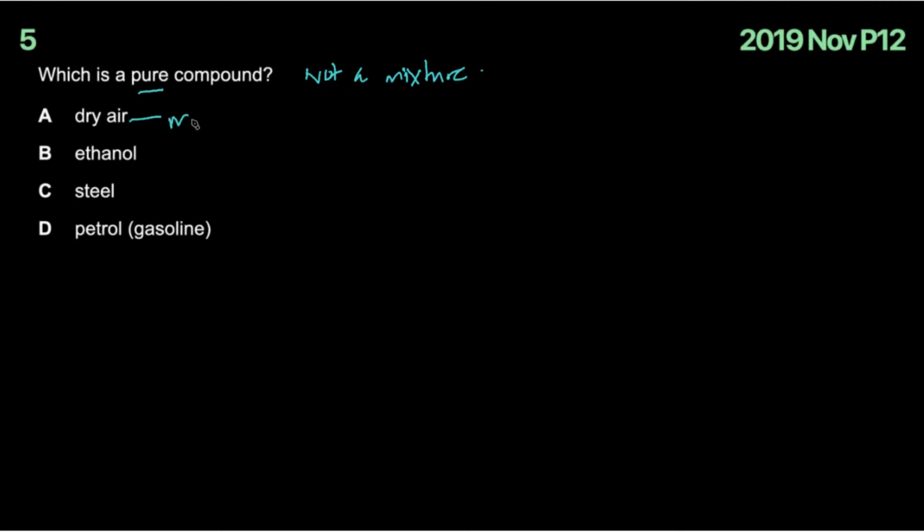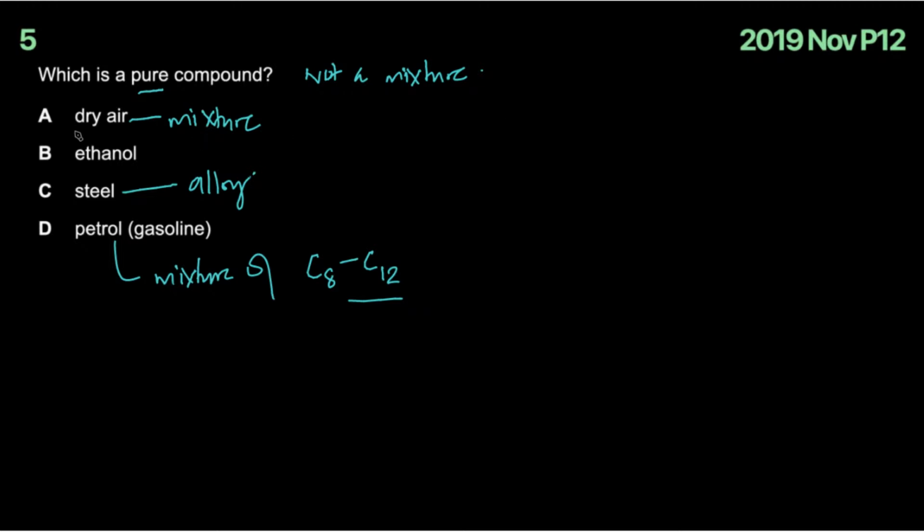So air is a mixture, steel is an alloy, and alloy is a mixture, and petrol is also a mixture of octane and many other hydrocarbons, let's say C8 to C12 or so, you call it, or C10. So the pure compound is B, ethanol. Bravo. Good job guys.